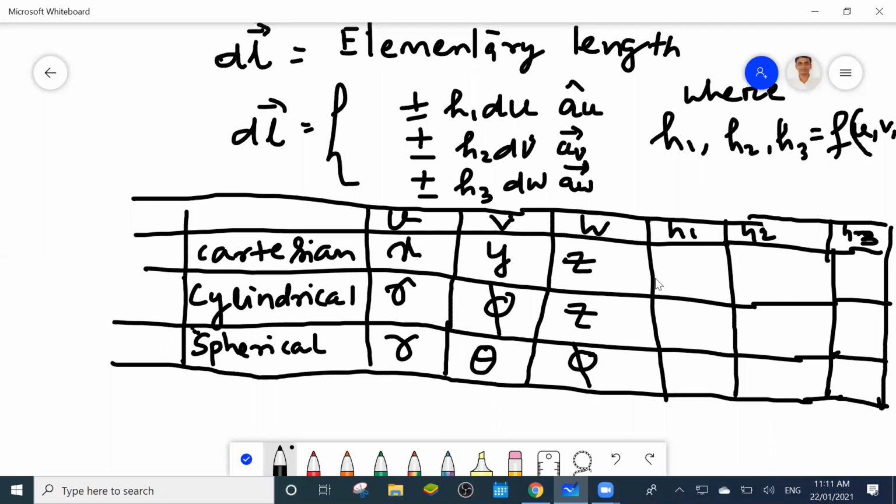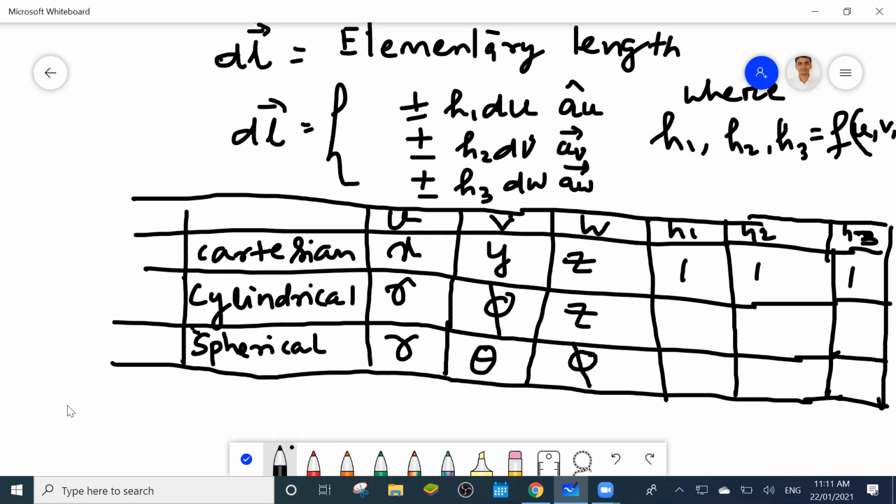So in case of H1, that elemental length I can express, suppose Cartesian coordinate system, that H1 value is 1, H2 value is 1, H3 value is 1.